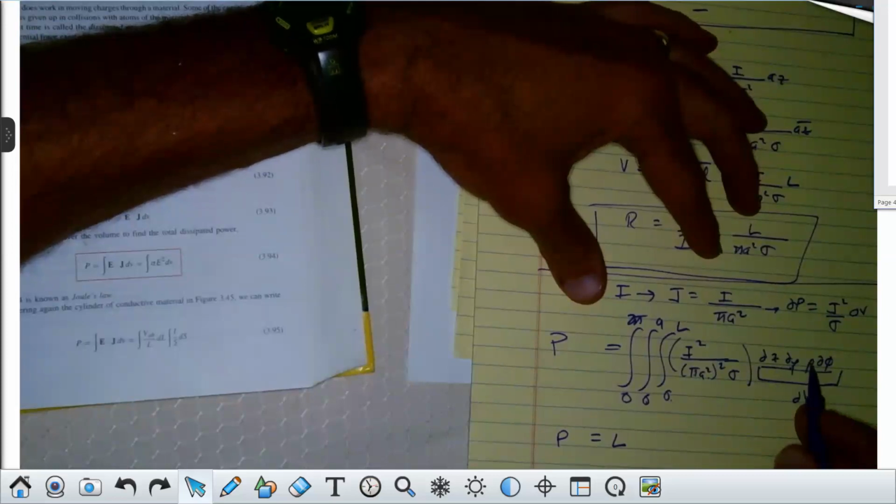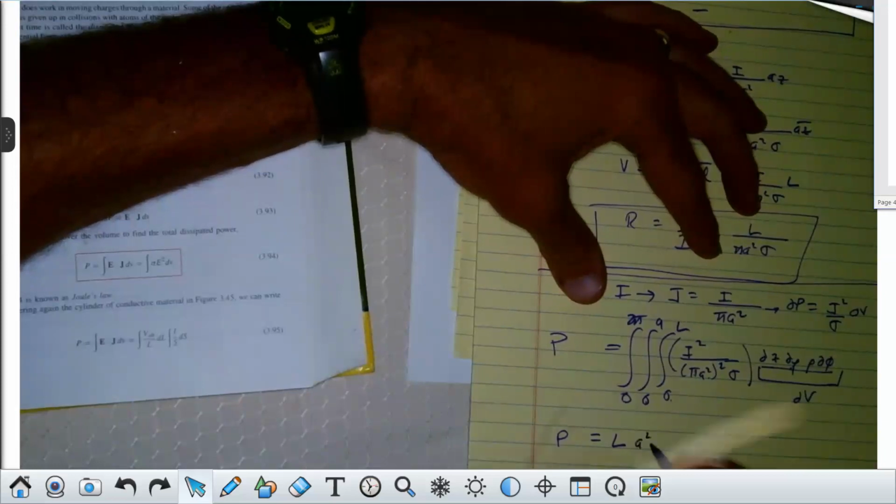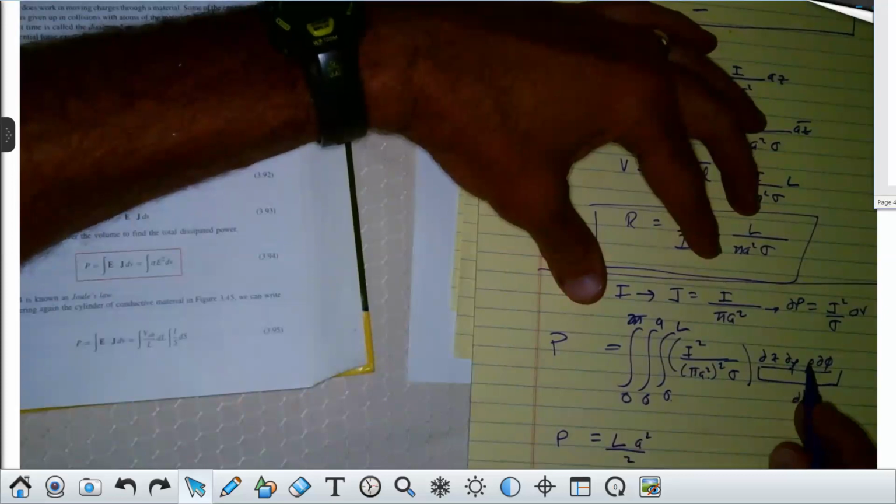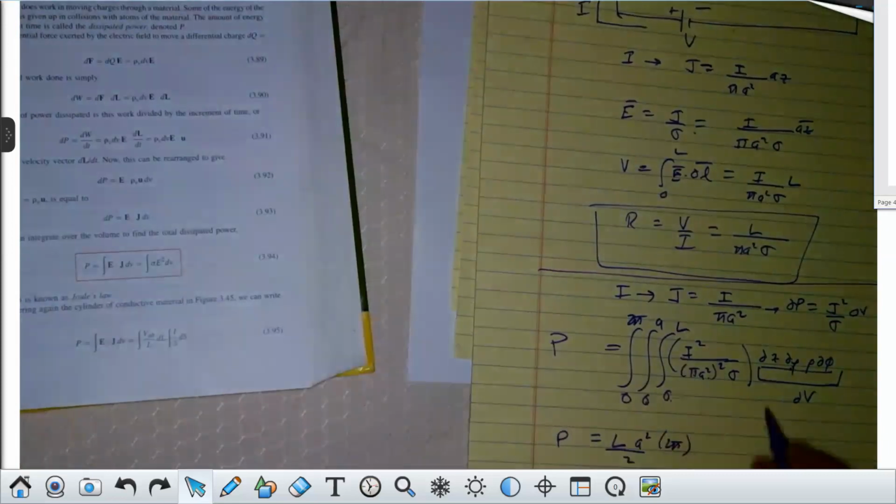Agreed, class? From 0 to A would be A squared over 2. That's this integral, because I had rho there, and then d rho. When I integrate d phi from 0 to 2 pi, I'm going to get 2 pi, right? And then I have to put in this kernel of integration, which means I have to put in I squared over pi A squared squared divided by sigma, and that would be the power.